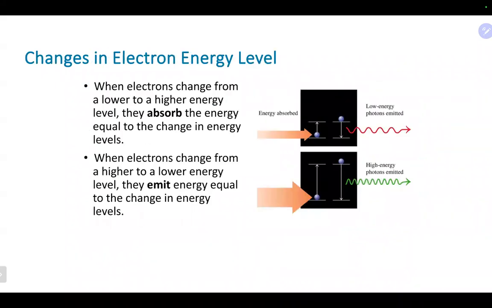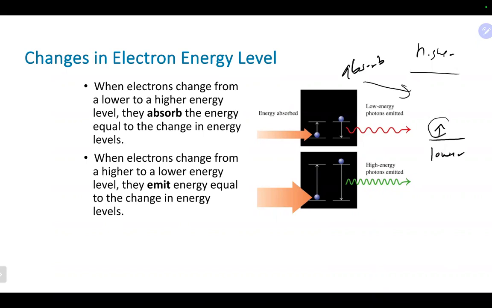Now, as electrons transition from one energy level to the next, they either have to absorb energy to do that or release energy. As electrons go from a lower energy level to a higher energy level, they actually need to absorb energy to do that, right? The atom's got to absorb energy. So like my example earlier, where you put the flame in there and it heats it up, or like fireworks where it explodes and provides all that energy.